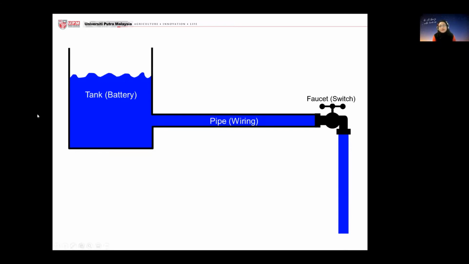So you have a water tank, you have your pipe, and you have your faucet. Basically your tank is the battery or power source, and you have your pipe, which is the wiring, and you have your switch here in the form of a faucet.